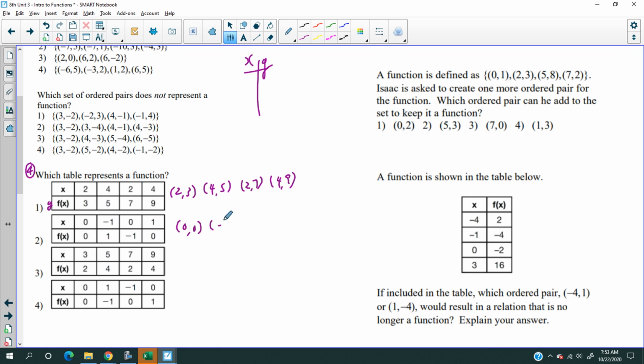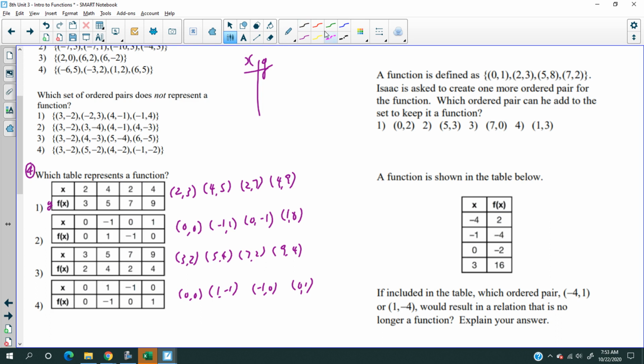So negative 1, 1, 0, negative 1, and then 1, 0. I'm just writing it down, not even looking right now. I'm just going to concentrate on writing the table. So 5, 4, 7, 2, and 9, 4. Right here we've got 0, 0, 1, negative 1, negative 1, 0, and 0, 1.